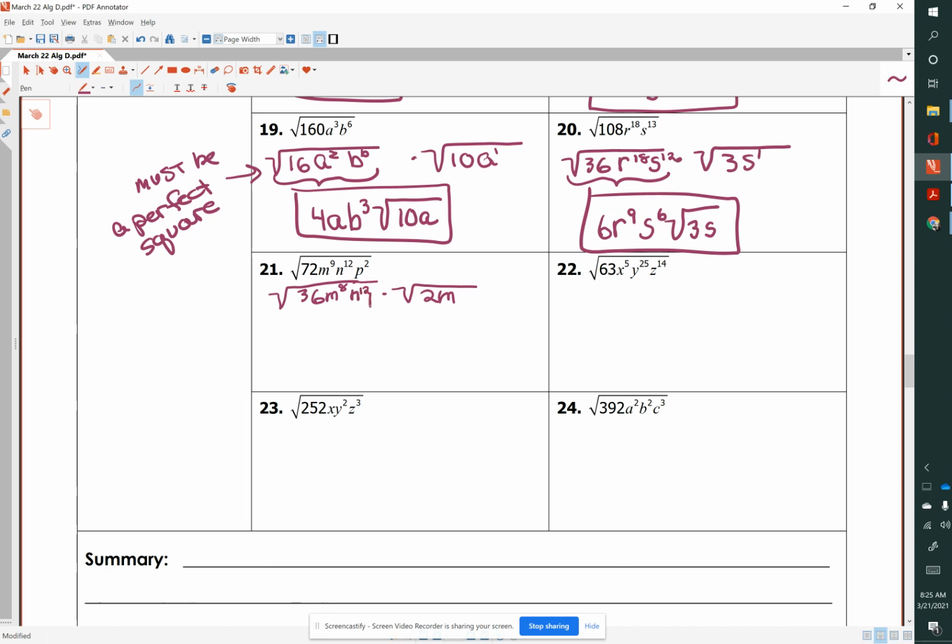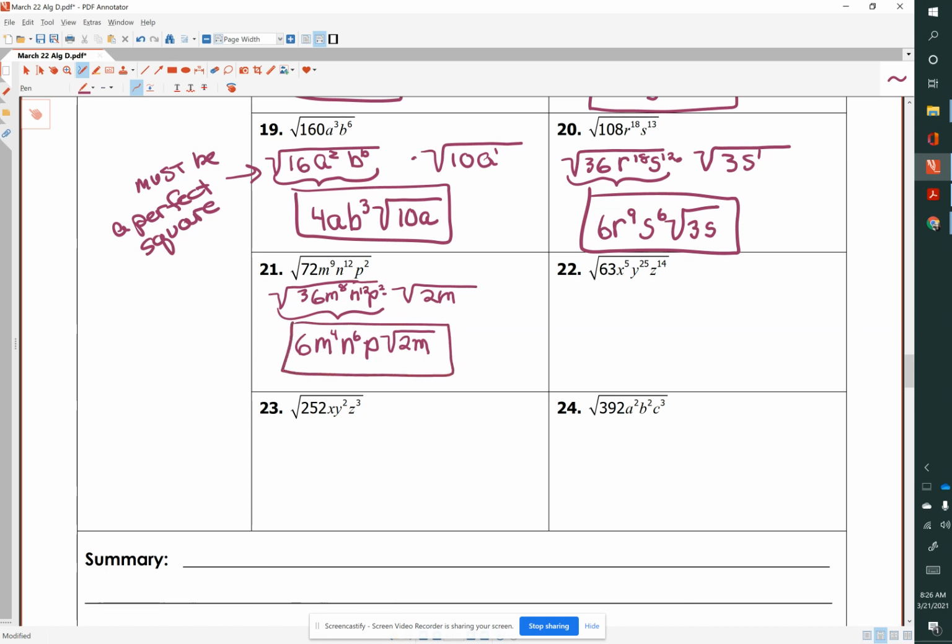N, 12, p, 2. So let's evaluate our perfect square side. 6, m, 8 divided by 2 is 4. N, 12 divided by 2 is 6. P, 2 divided by 2 is 1. That's an invisible 1 times the square root of 2m, and that is our final answer.